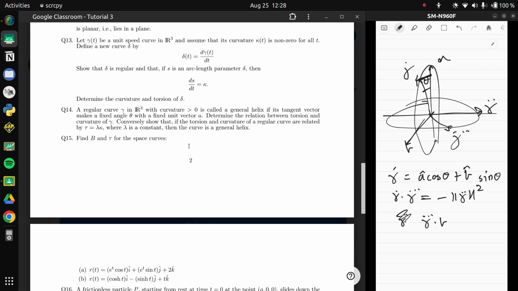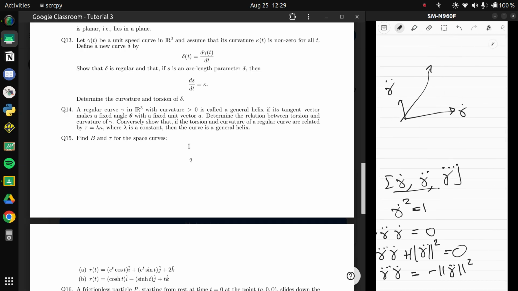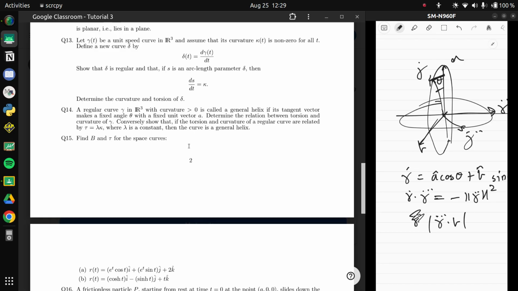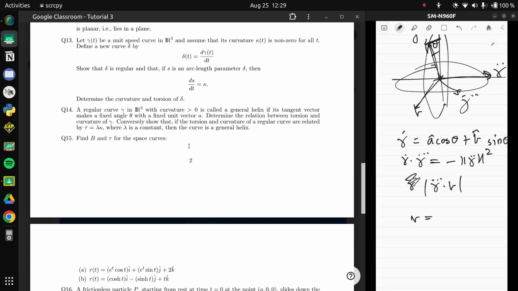Interesting. Hey, I've seen this before, have I not? Gamma triple dot dot b. Oh wait, what is this stuff? B is along the normal vector. This is along the tangent vector, and B was defined to be t cross n, right? This is a unit in any case, so that's not going to matter.